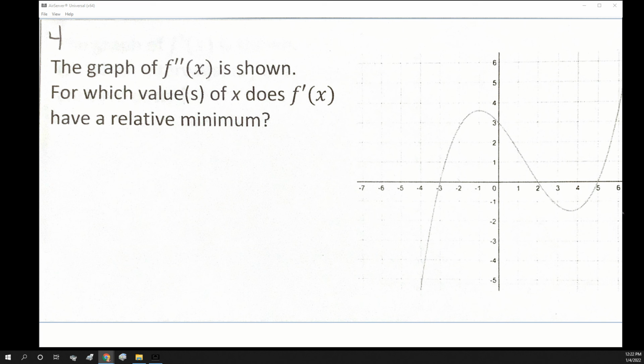This is the second derivative graph. We're negative here, and it changes to positive when x is negative 3. Then it happens again here, where f double prime is negative and then positive when x is 5. I'm going to erase that comma just because it looks like an ordered pair and I don't want it to. So that should be a relative minimum for the first derivative when the second derivative changes from negative to positive.